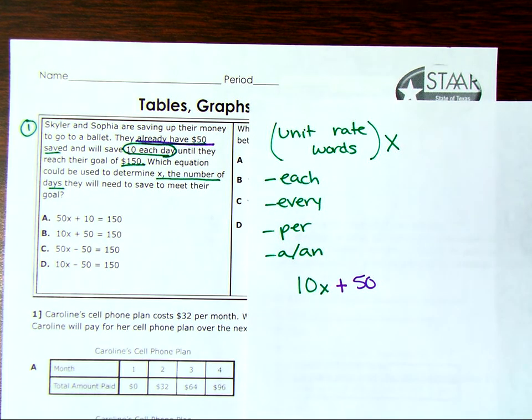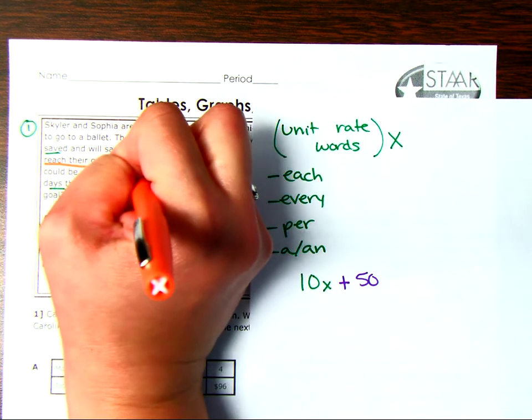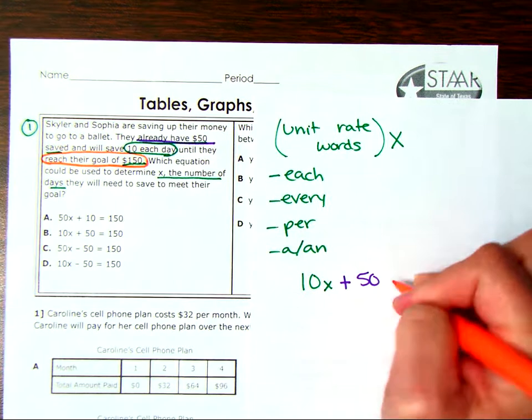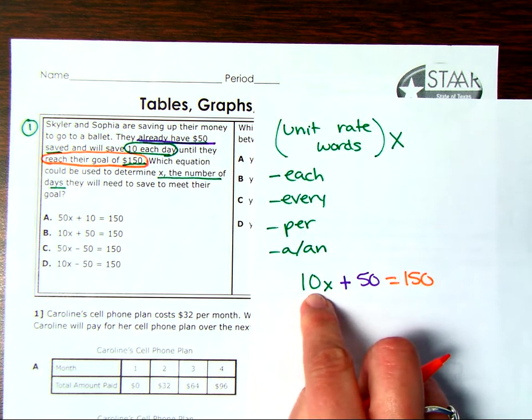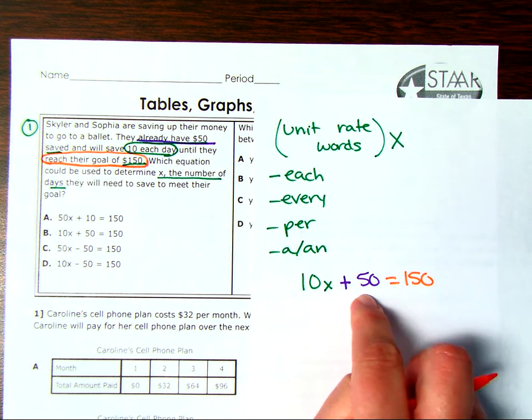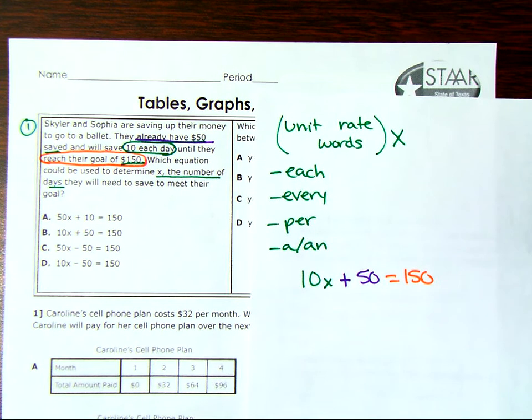So already has is the key word for that constant. And we're trying to get to a total, to reach their goal of $150. So $10 each day times X, plus the 50 they already have, equals 150. That's the equation we want to look for.